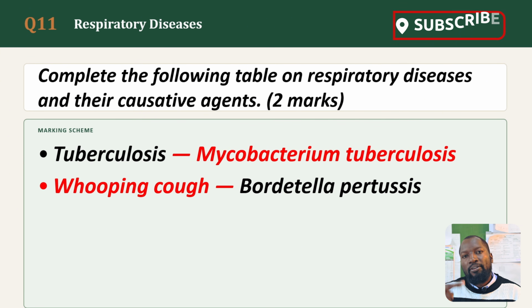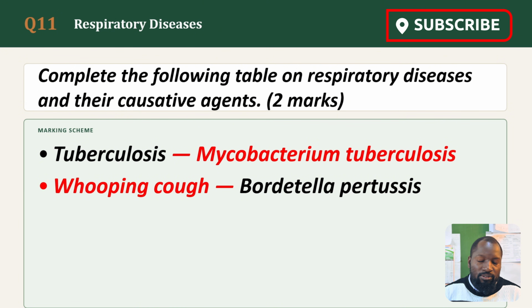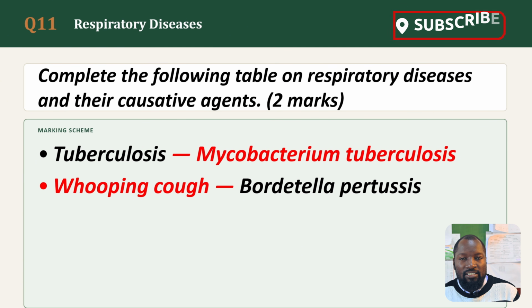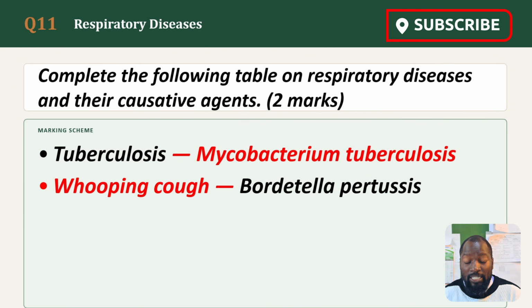Number 2, you make sure that you follow all the rules of writing scientific names. So the first name should start with a capital letter, which should be physically a capital letter, not just writing a letter which looks like a capital letter. It should have the capital letter features. Then the second name, tuberculosis, should start with a small letter, and then you underline them separately.